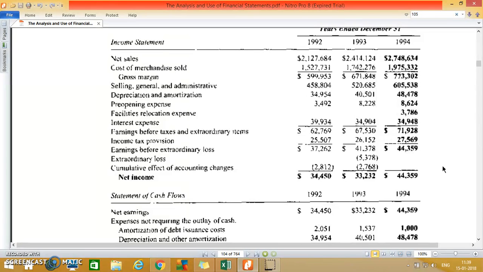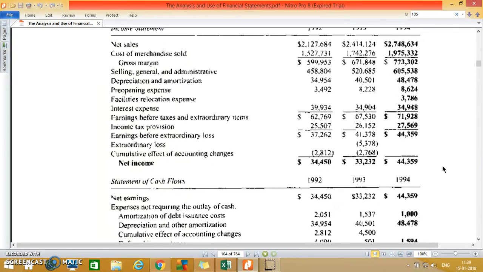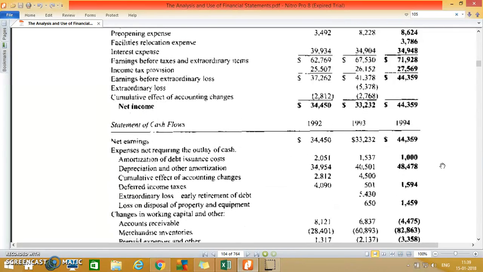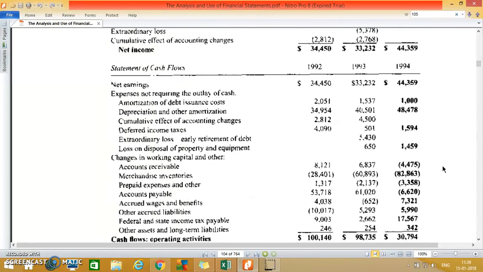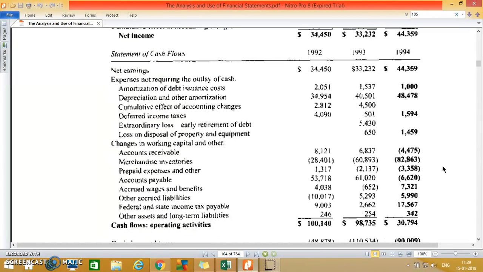But as per our Ind AS or IFRS that we are going by, the interest payments are part of financing activities. So we will make adjustments for the interest as well. What I understand from this given problem is that we have not been given a balance sheet.